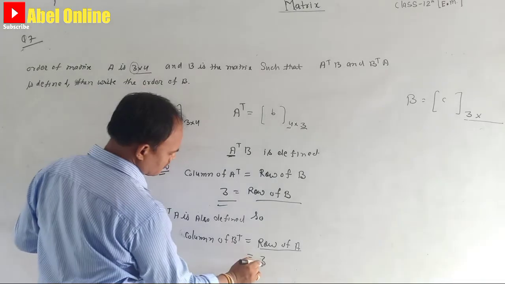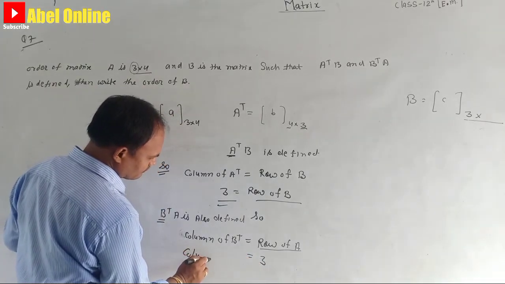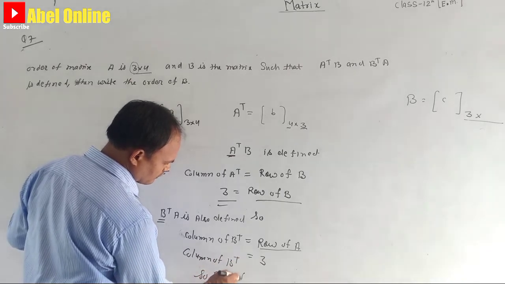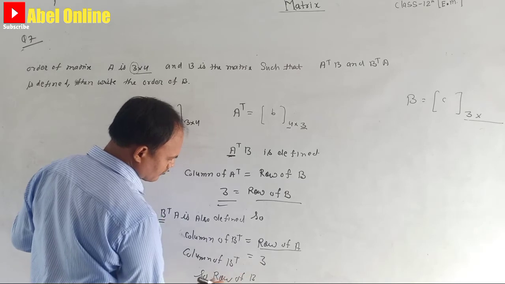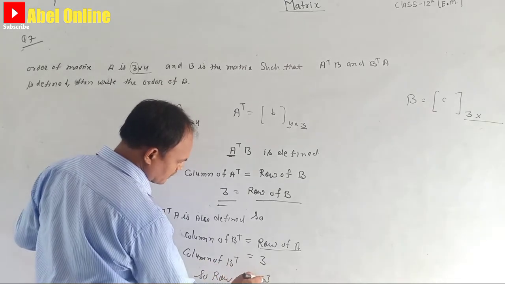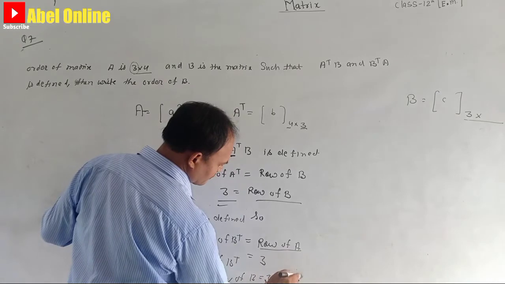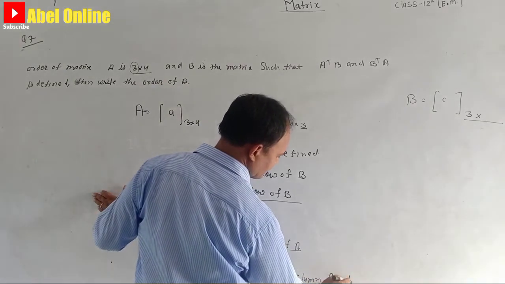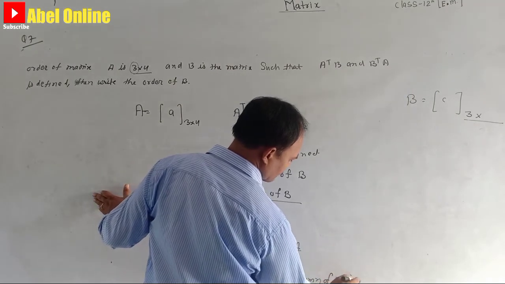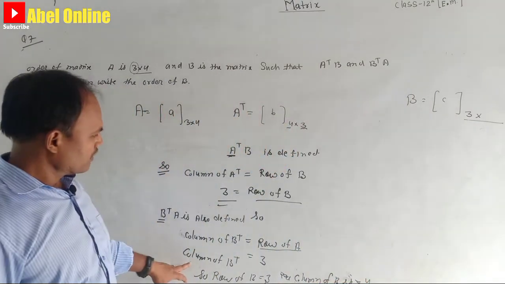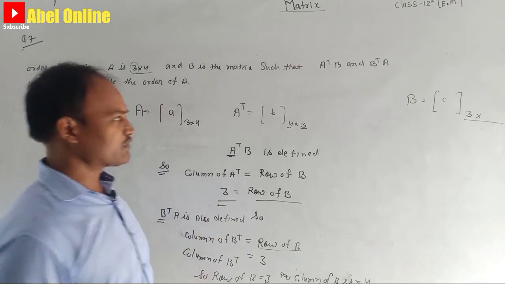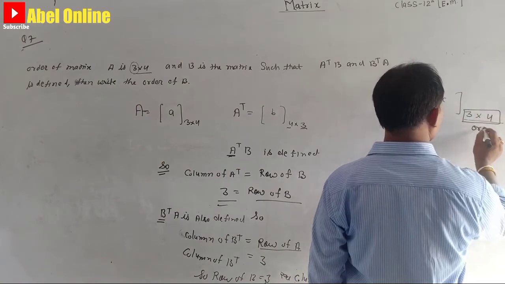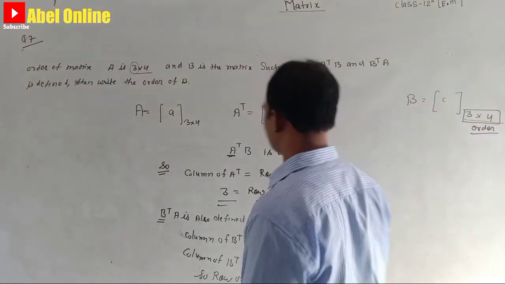So the column of B transpose is 3, so the row of B is 3 and the column of B is 4, because A transpose B and B transpose A are both defined. So we can say that the order of B is 3 cross 4. So the answer is 3 cross 4. Okay students, so this is the answer.